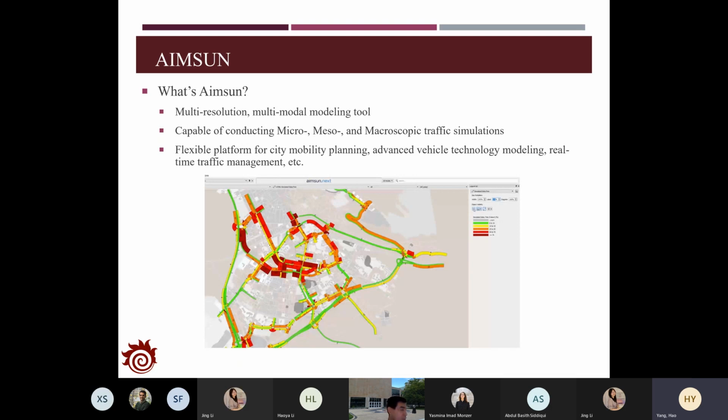And they also provide the API for you to conduct some development of the real-time advanced traffic management systems, so that it can model what the future city looks like. And if you are working on the connected and autonomous vehicles, you can develop whatever functions or applications through the API to manage the behaviors and the infrastructures in their platform for the large-scale city.